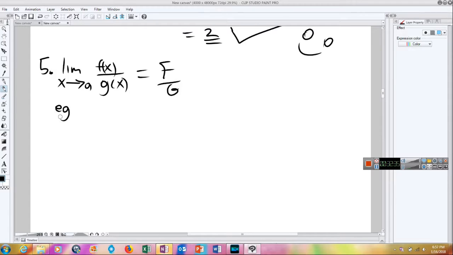So then we're going to apply it to an example again, and we have limit x tends to 2 again for the function x plus 3 and x plus 1.